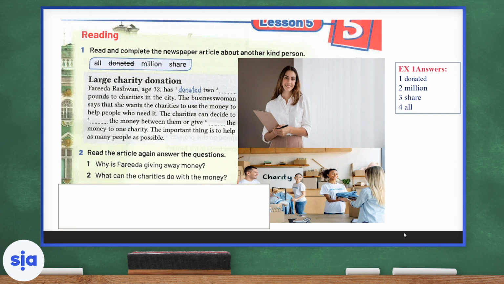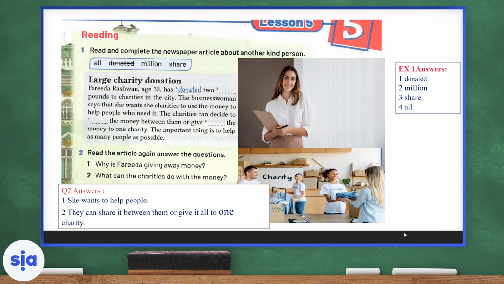Number 2, read the article again if you need to and answer the questions. Why is Farida giving away money? What can the charities do with the money? Why do you think Farida Rashwan is giving away money? Of course, she wants to help people. As for number 2, what can the charities do with the money? What do you think charities can do with the money? What do people need? What do poor people need?